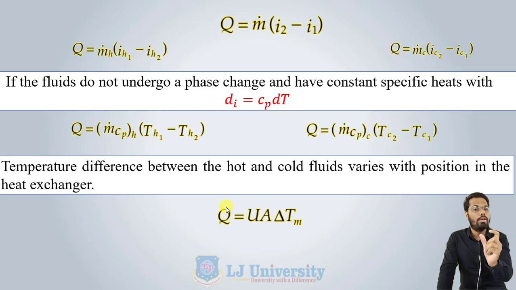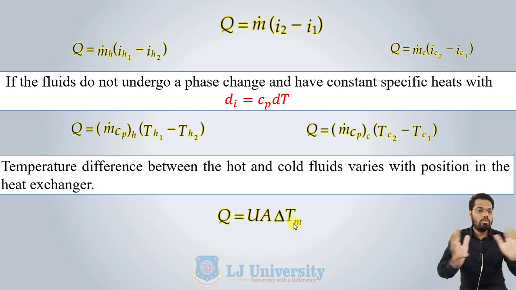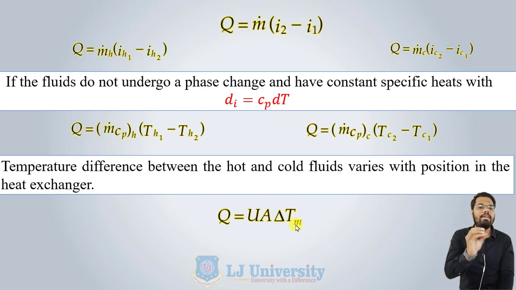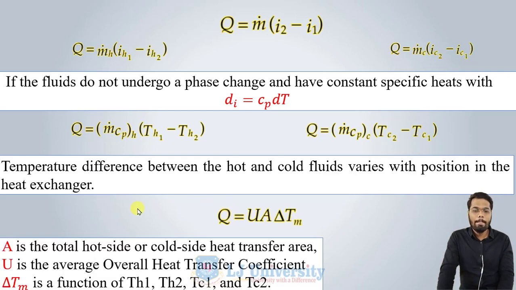So we have to use the overall heat transfer coefficient, which is U, and the area from which the heat transfer takes place, which is capital A, and then we have to write the temperature difference. But the temperature difference between the hot fluid and cold fluid changes according to the location throughout the heat exchanger. So we require the mean temperature difference, which can be denoted by delta Tm. In our heat transfer subject, we have denoted it by theta m, which is the logarithmic mean temperature difference, and it is a function of Th1, Th2, Tc1 and Tc2.